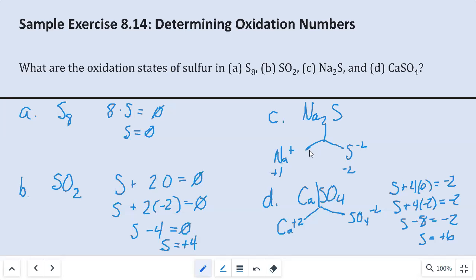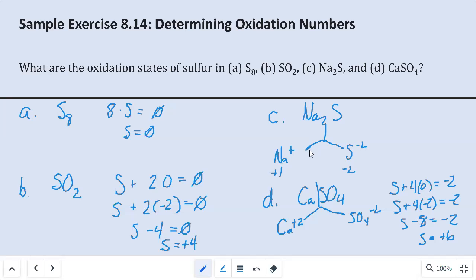One thing that you will notice is that there are going to be some patterns that emerge. If I have an element with 3 oxygens, here's what the oxidation state looks like. If I have an element with 4 oxygens, here's what the oxidation state looks like. There's going to be some common threads there. So that's not necessarily a memorization tool, but just recognizing that there are patterns and we can take advantage of those patterns.